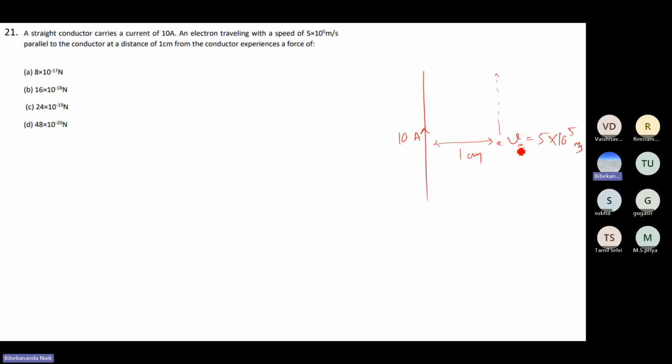Can anyone tell me, when a charged particle is moving in a magnetic field with some velocity, what will be the value of the force that it will experience? What is the expression for the force it experiences? And we have discussed many times, but can you tell me what is the name of the force that acts upon a charged particle when it is moving in a magnetic field?